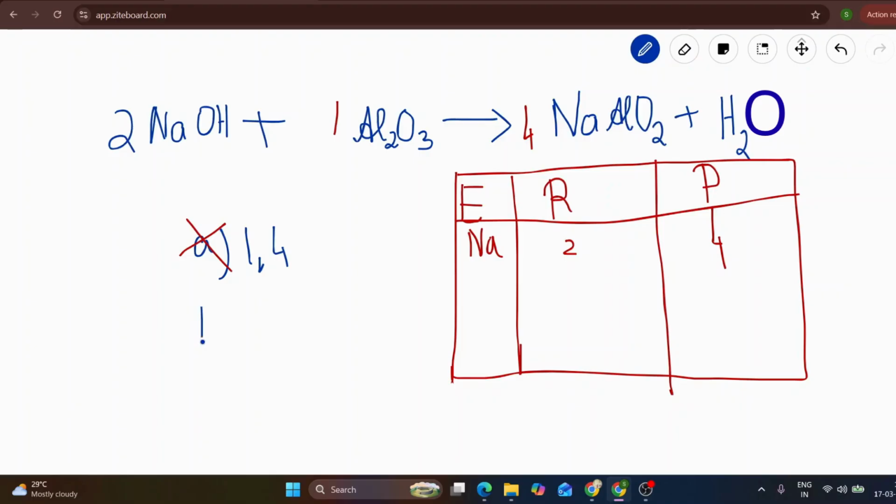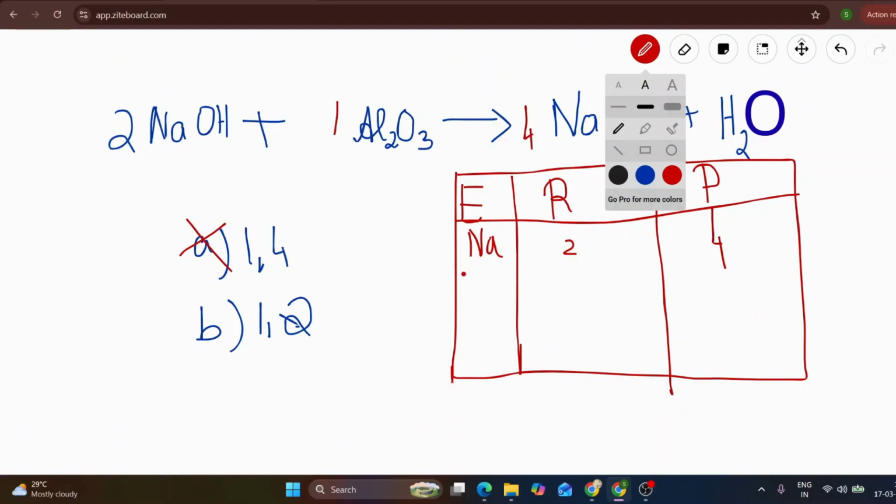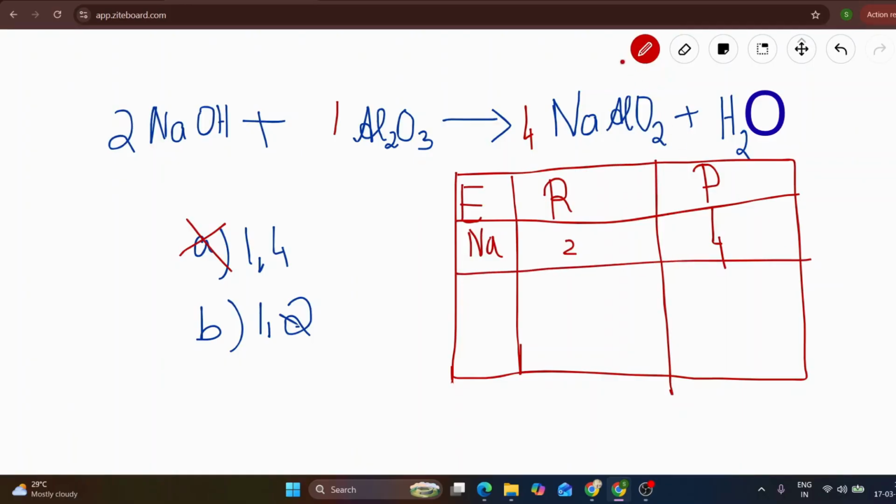The second option says 1, 2, right? So we are substituting 1, 2. Now let's check that. Again we start from the sodium metal.